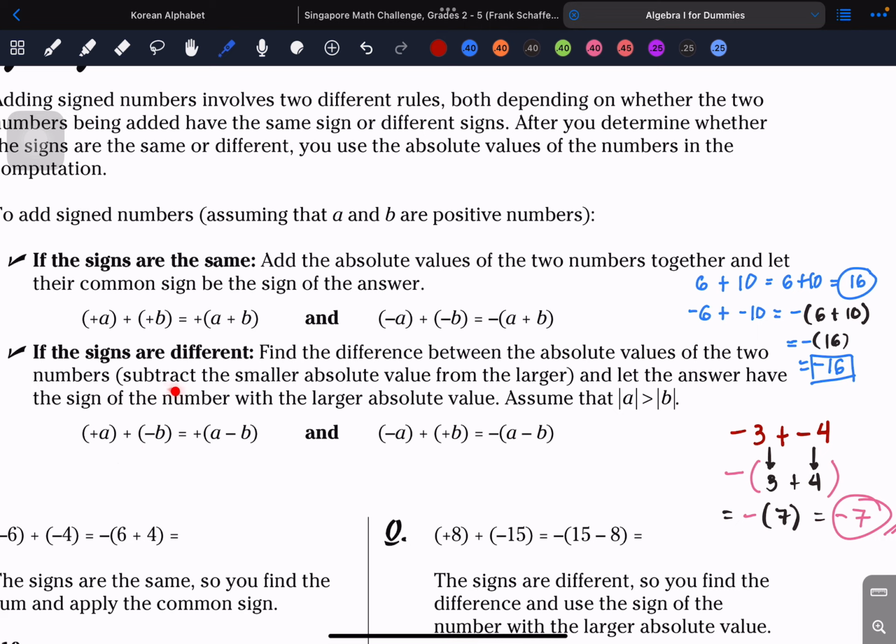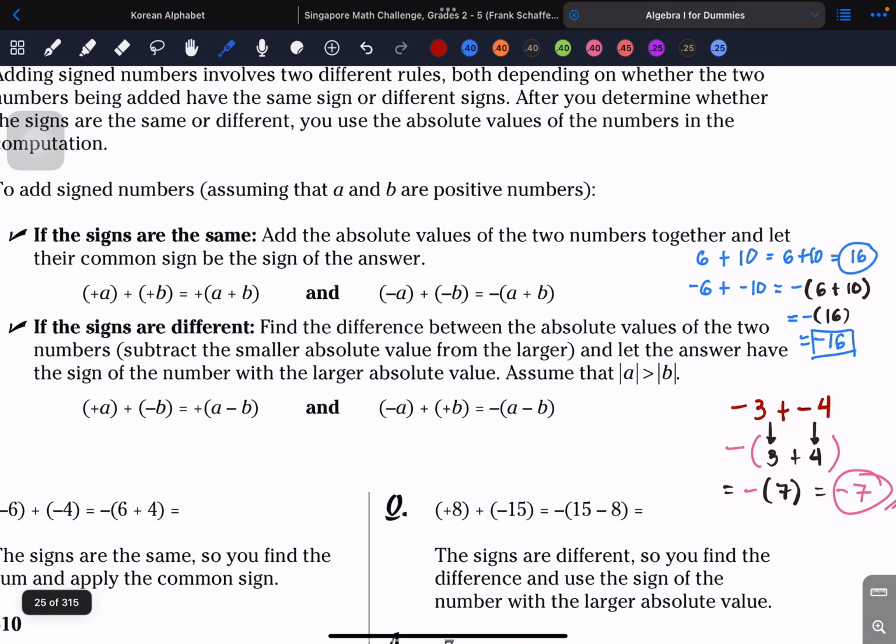Tapos, pagmaminusin mo yung malaking absolute value saka yung smaller absolute value. Pagkatapos nun, kukunin mo yung sign ng mas malaking absolute value.